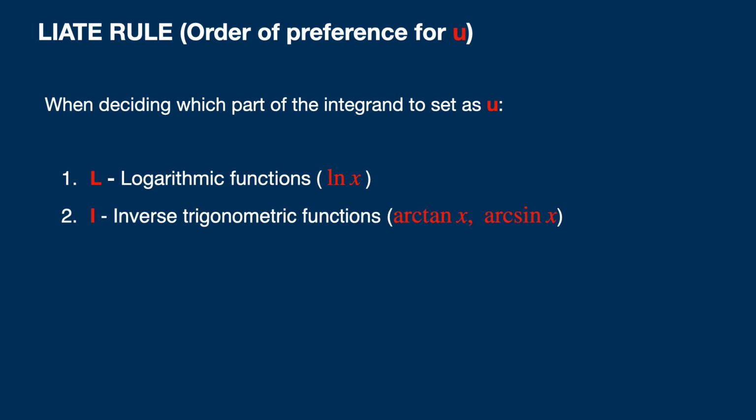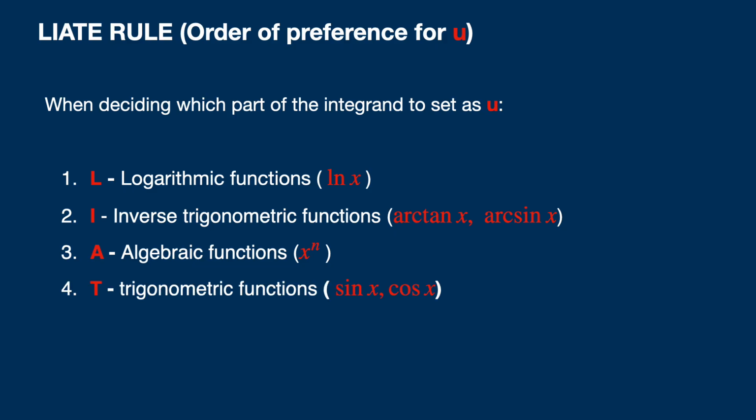Second, if you see an inverse trigonometric function, arcsine, arccotangent, that's the second choice for u. After that, you look for an algebraic function, x squared, x cubed, something like that. That's the third choice. The fourth choice is a trigonometric function, sine, cosine. The last one is an exponential function. Remember this order for picking u, then it's much easier to decide u and dv.